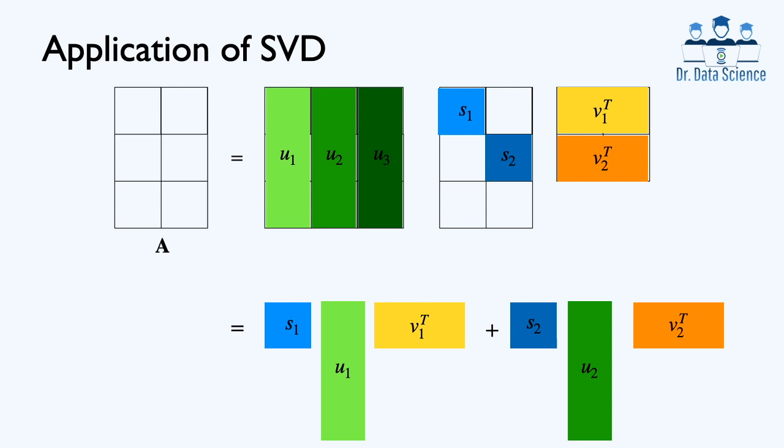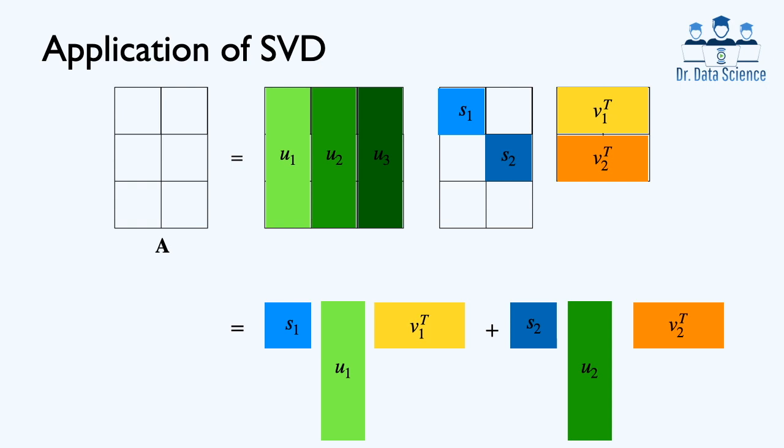And then in this case, we also have the second singular value, the second column of U, and then the second row of V. And as we talked about, if you look at the third row of the matrix S, we have all zeros.